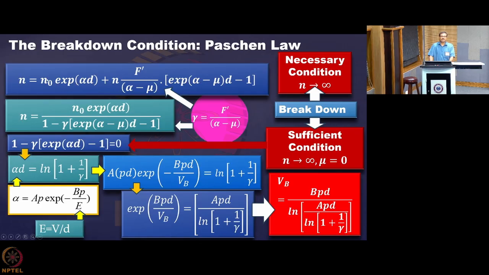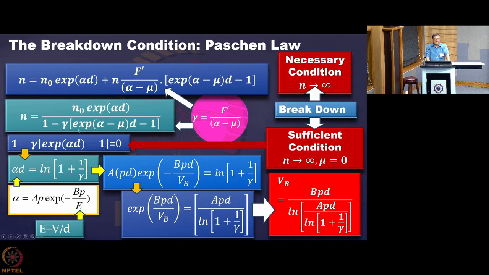So the total number of electrons that will be reaching the end of the gap is n equal to n0 exponential alpha d plus n into f dash by alpha minus mu exponential alpha minus mu d minus 1. Okay. So what I am now getting is that n is on the left hand side as well as on the right hand side. So you can take n common, and then f dash by alpha minus mu, you name it as gamma.